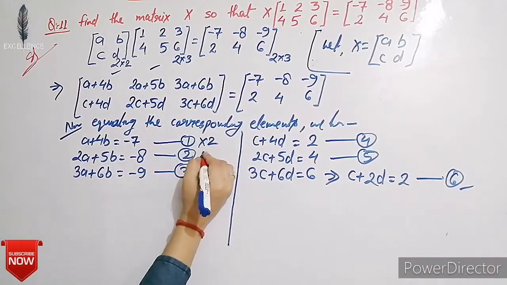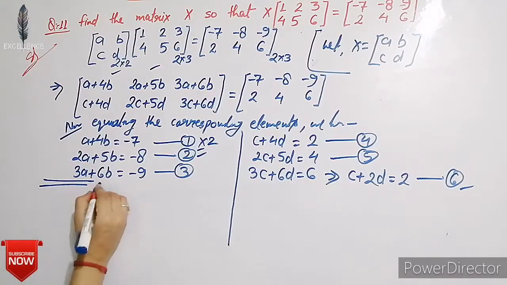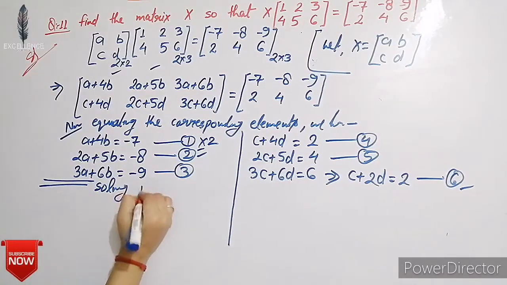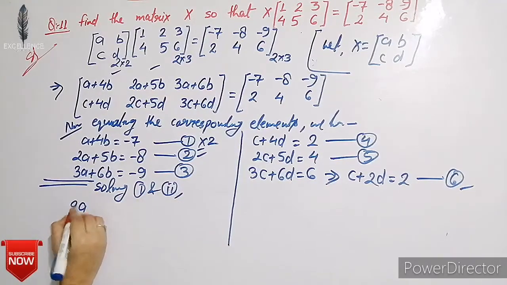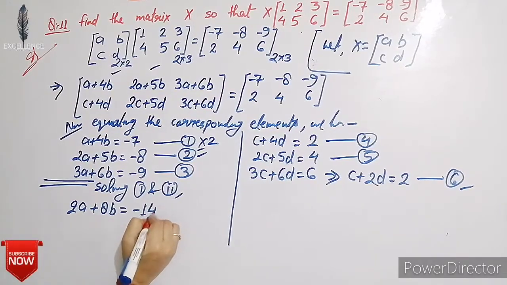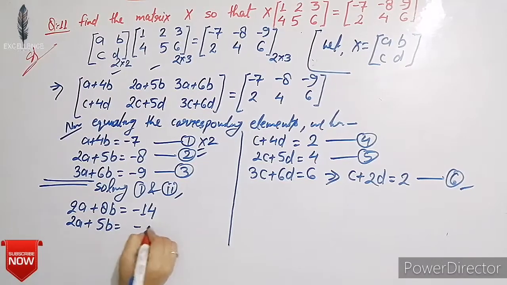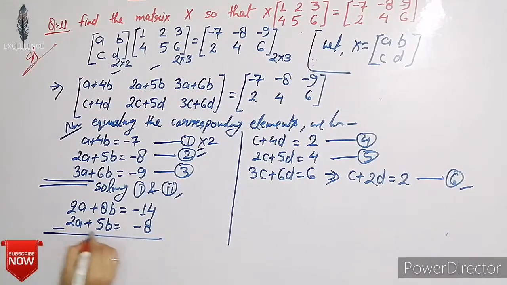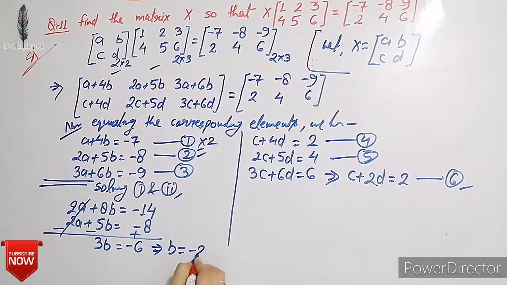Now multiplying equation 1 by 2 and solving first and second, we get 2A plus 8B equals minus 14 and 2A plus 5B equals minus 8. On subtracting we get 3B equals minus 6, that gives B equals minus 2.